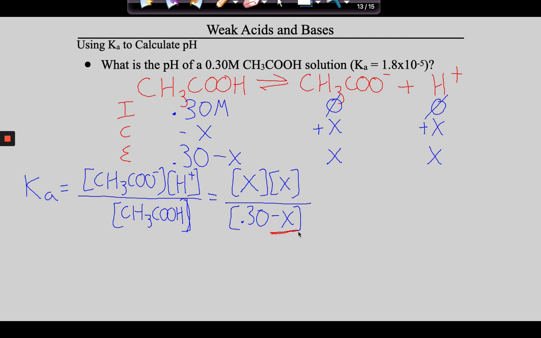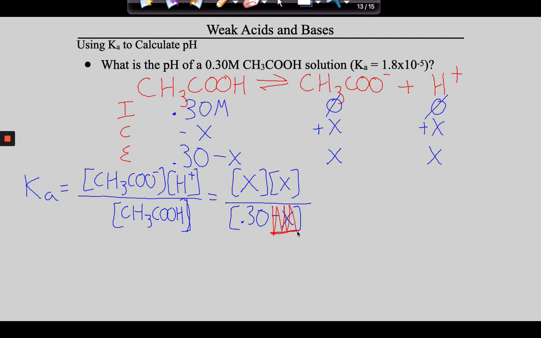And how much is that going to be? Less than 1%. So what we know is this: the amount that this breaks apart is insignificant compared to the initial concentration. We've got so much acetic acid to start with, and so little of it breaks apart, that we ignore the amount of this that breaks apart.